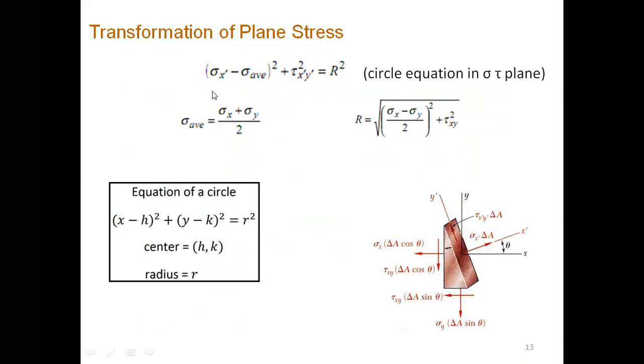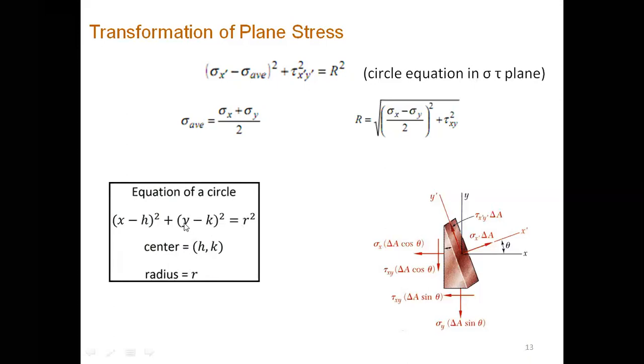This equation is actually the equation of a circle in the xy coordinates: x minus h whole square plus y minus k whole square is equal to r square, where r is the radius of the circle and h and k is the center of the circle in that xy plane.